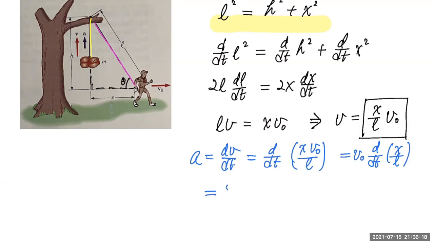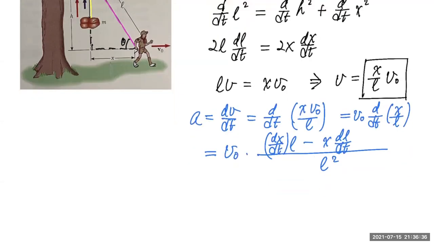So it's equal to v naught times, you first square the denominator, which is L squared, and then you go dx/dt times L, then minus x times dL/dt. That's the formula we learned from calculus, right? And you notice that dx/dt is v naught, dL/dt is v. So you can simplify this, and it turns out to be equal to v naught squared over L.